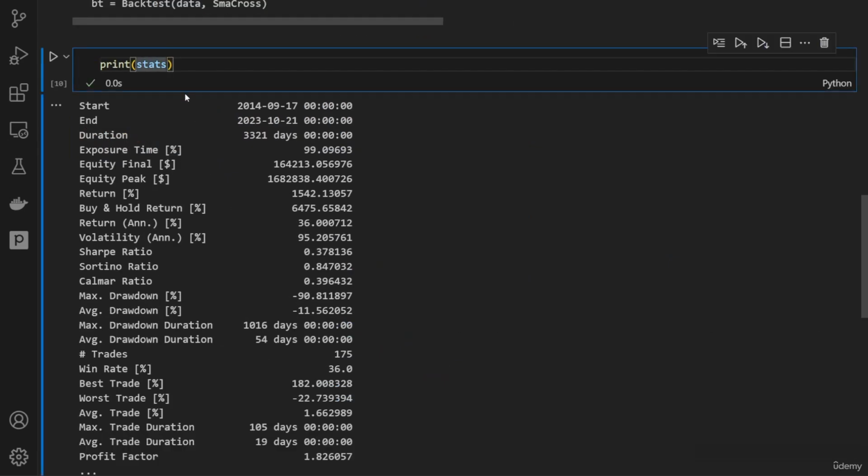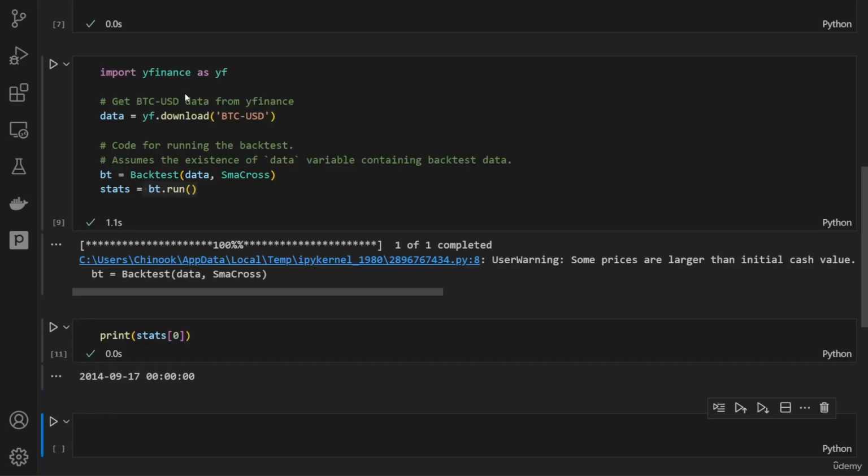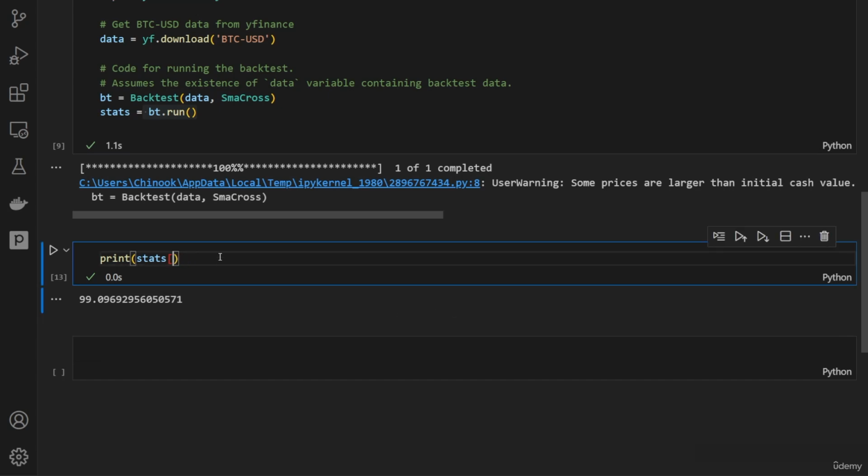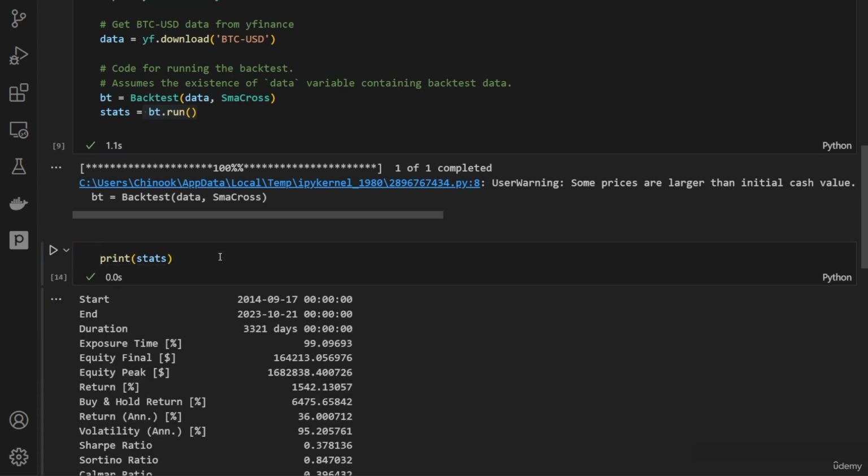So if I print stats 0, for example, I will just get the date, while stats 1 will provide me the other element, which is the end date. And stats 3, for example, I don't know what this is, but you get the point. So we can access these values one at a time.